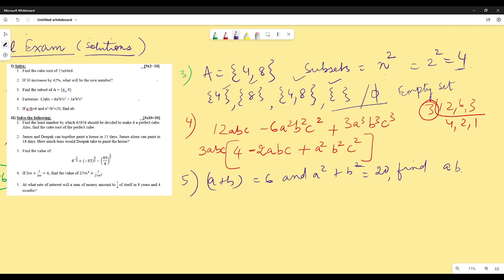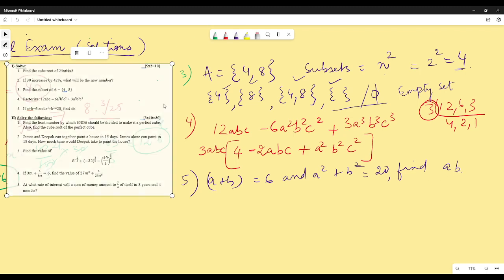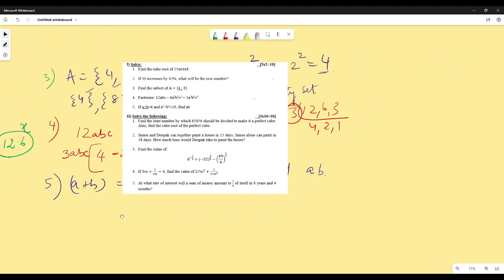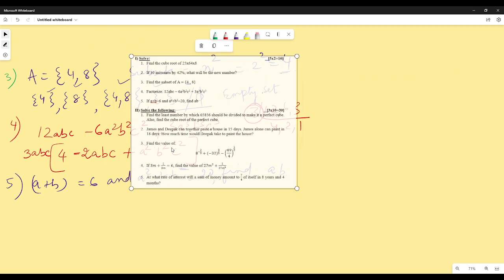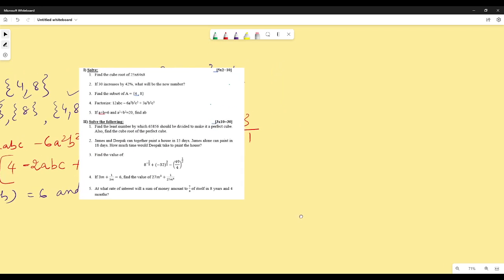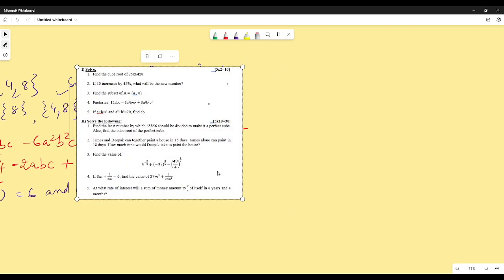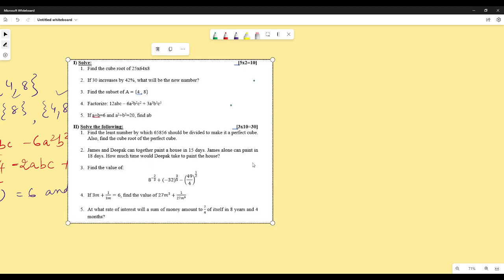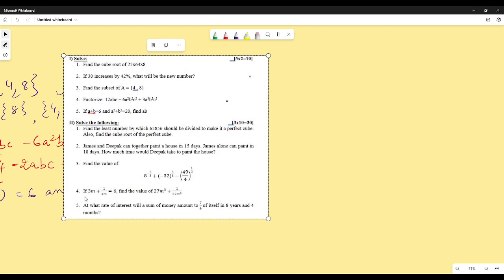This is what you are supposed to find. Let us move it a little bit more to the side and we can get this question over here. So you are taking up this question.